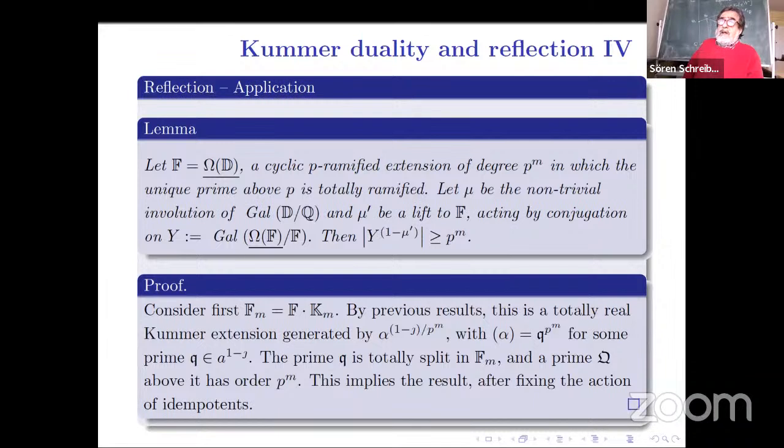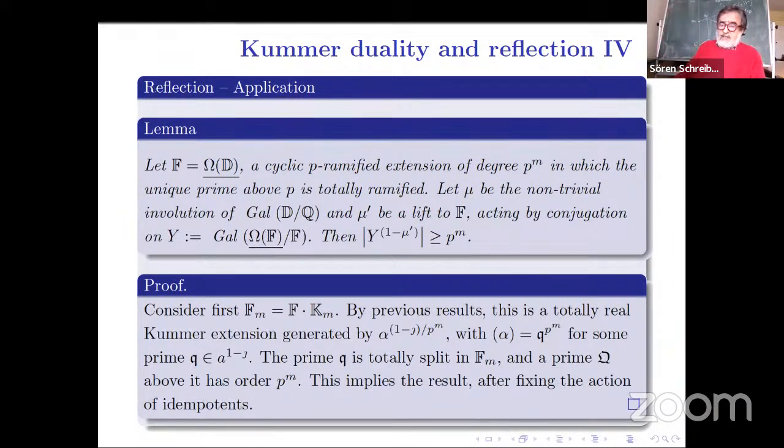Okay, and then I take the p-torsion of a p-abelian p-ramified extension Omega underscore of F. And it turns out that the Galois group of this extension will have a component along 1 minus mu prime as an idempotent of the group ring of this F, which is not trivial, which is larger than or equal to p to the n. And I give a proof.